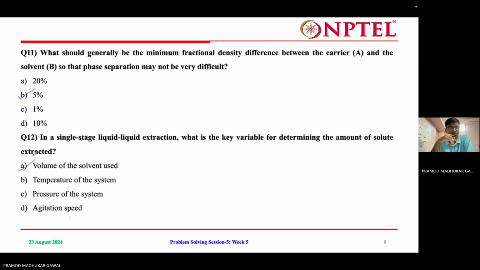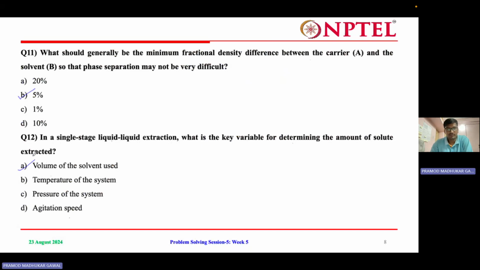Because temperature of the system increases the solubility, it means more solute can transfer into the solvent phase. But if I increase the solvent as compared to the temperature effect, the volume of the solvent has more impact.